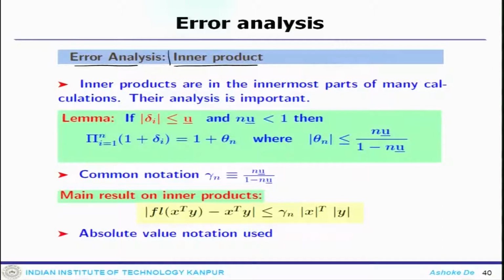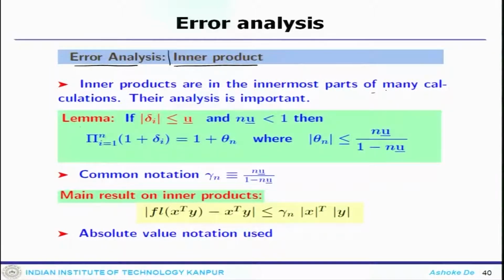Inner products are in the innermost parts of many calculations, because if you are dealing with vectors, or rather with a matrix, a matrix comprises row and column vectors, so directly or indirectly you deal with a lot of vector calculations. So, that is where the inner product becomes an important key component.